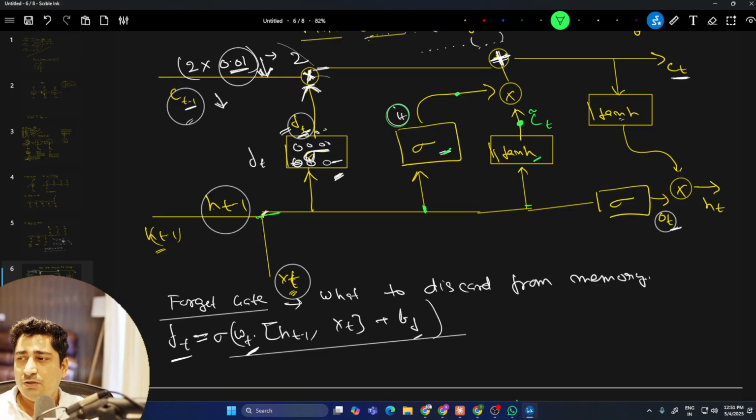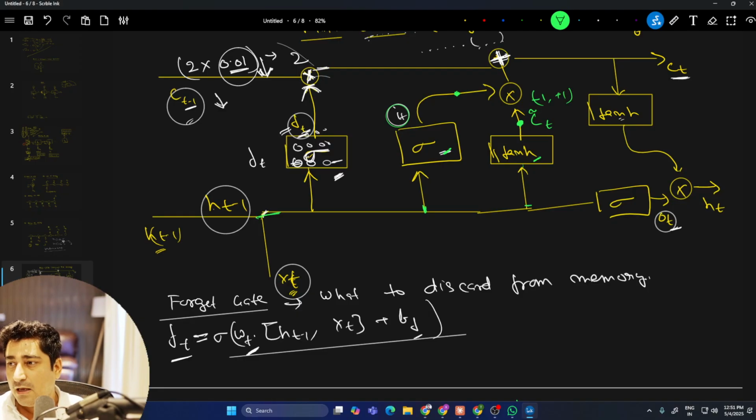We are taking a hyperbolic tangent. We know that whatever output it gives will be between -1 and +1, so this is going to be the range. The input gate gives me some data, and the hyperbolic tangent normalizes it between -1 and 1.